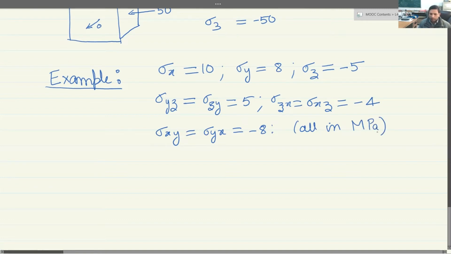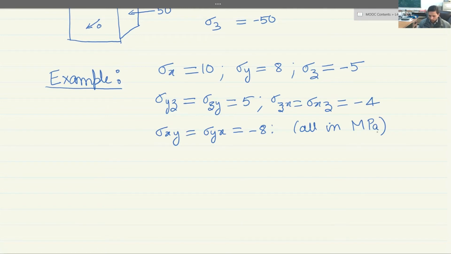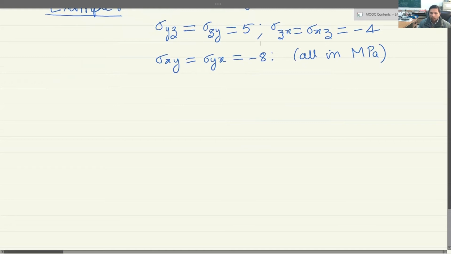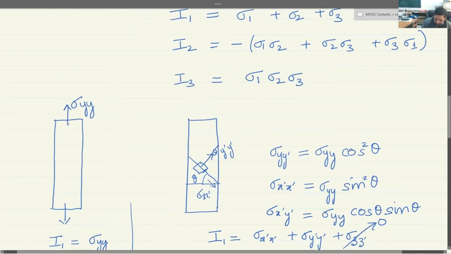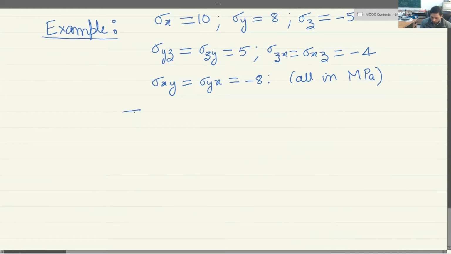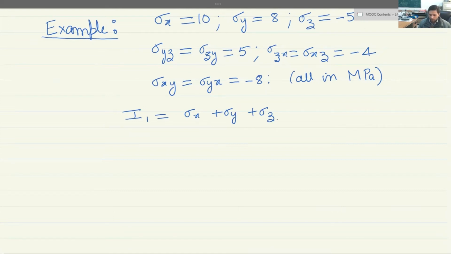Now you have to find the values of I1, I2, and I3 for this. So again, we will apply it here. Let me just write the title, applying to the earlier example. I1 we know is equal to sigma x plus sigma y plus sigma z, and since we will be able to find I1, I2, I3, we should also see what the values of the principal stresses are that we can obtain from these given conditions.